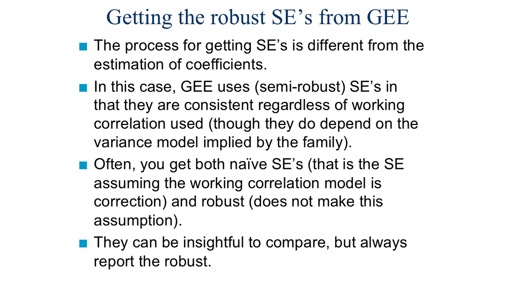Okay, now we'll talk about getting the robust standard errors. I'm going to talk about how you get truly robust, because the basic mechanism is the same as how we get the semi-robust. Does anyone use Stata here? If you use Stata, there's always a robust option, so you can always get the robust option for the standard errors.